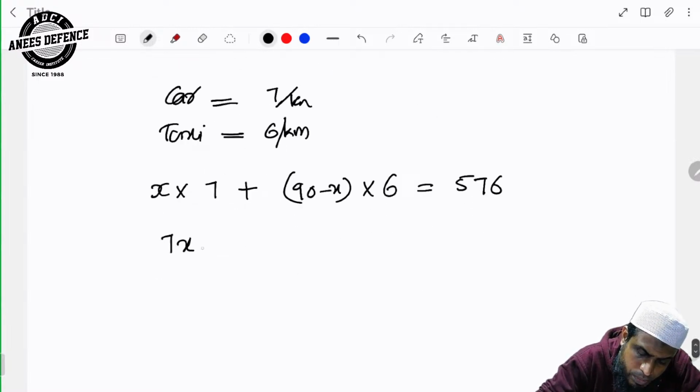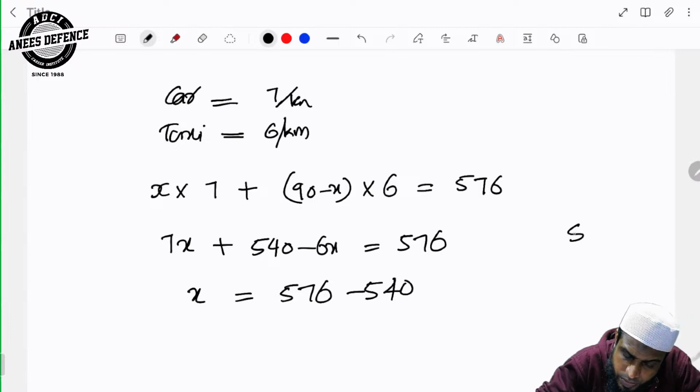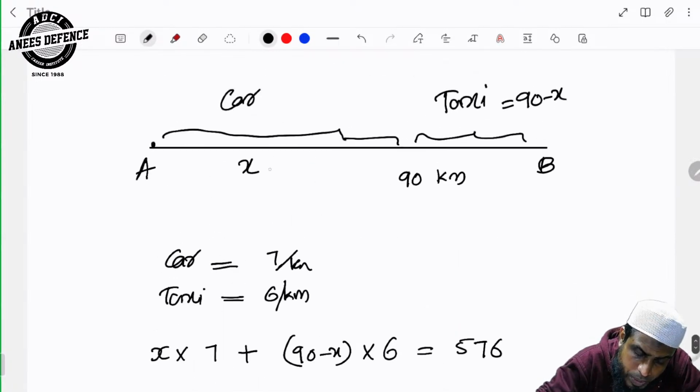So 7x plus 540 minus 6x equals 576. So x is equal to 36, so this is 36 kilometers.